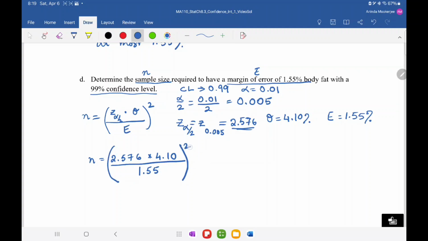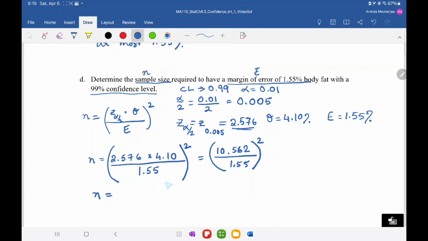All right. So when we do this calculation, you'll have to use your calculators. We'll end up with 10.562 for the numerator, 2.576 times 4.10, divided by 1.55, and this whole fraction has to be squared. Okay, and then we will come up with n equals.